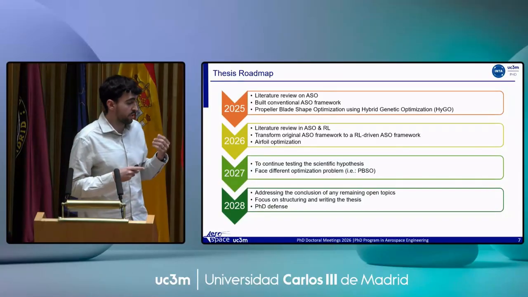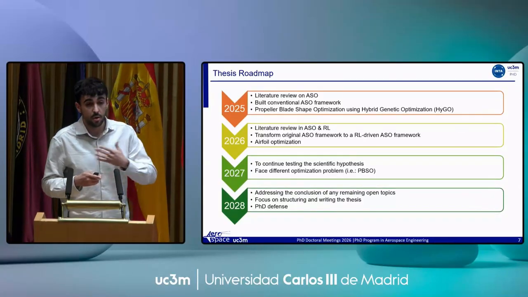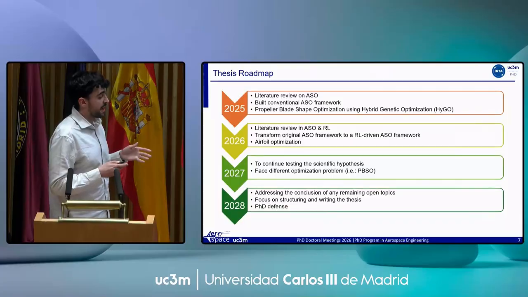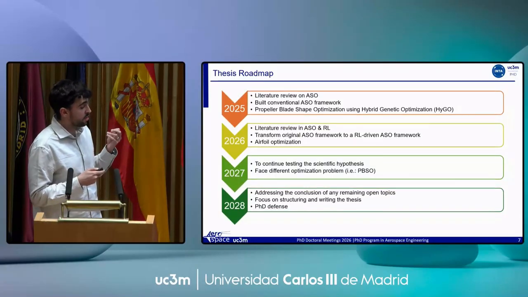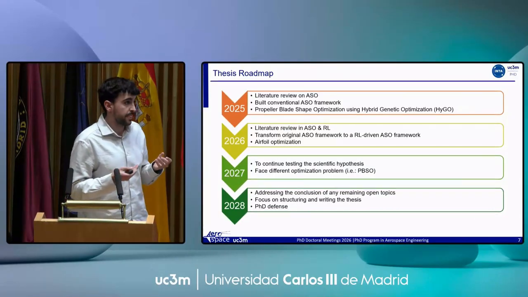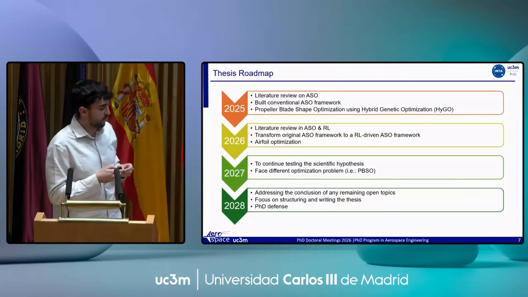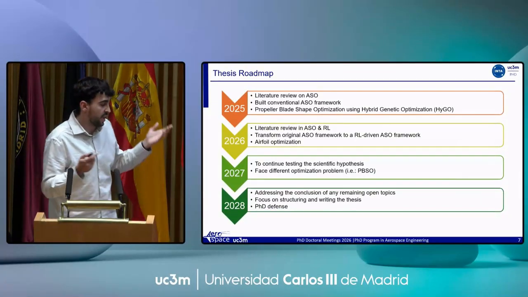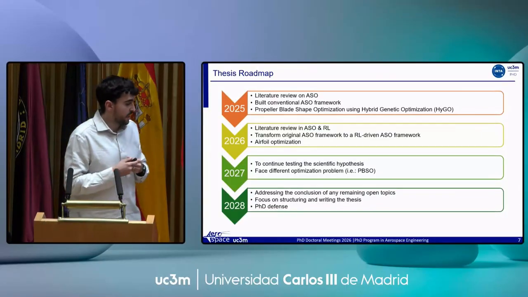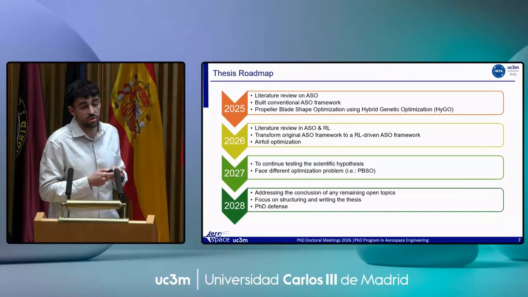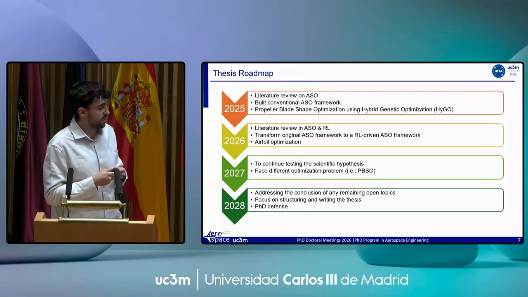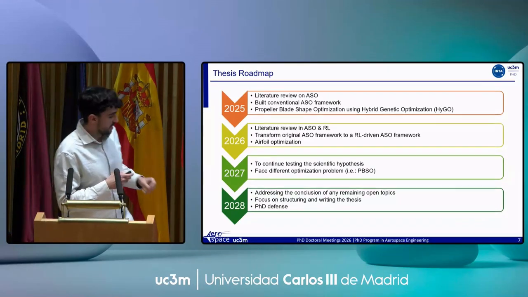Looking ahead to 2027, I plan to further validate our core scientific hypothesis by applying the RL framework to a different problem, probably the propeller blade shape optimization that we have already faced. And finally, in 2028, hopefully, it will be fully dedicated to concluding any open topics, structuring the manuscript, and defending the thesis.